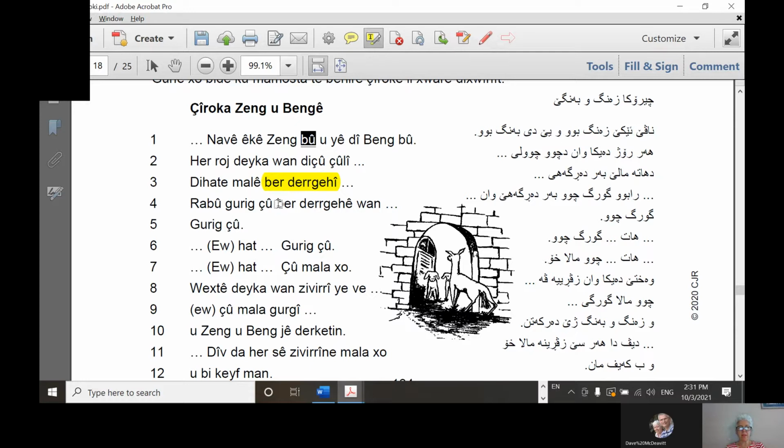Then you have another one, Behdini. In that case, it's derga which is an izafe phrase, but that whole izafe phrase is the object. So the whole izafe phrase is the object of the preposition, which is bed.